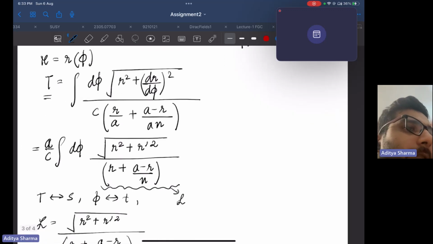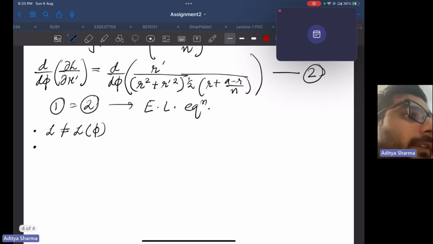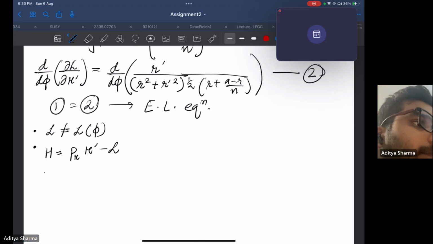And we are going to use that to find the trajectory now. The way to do it is H, which is a constant, is p_r r prime minus L. And p_r is dou L by dou r prime.